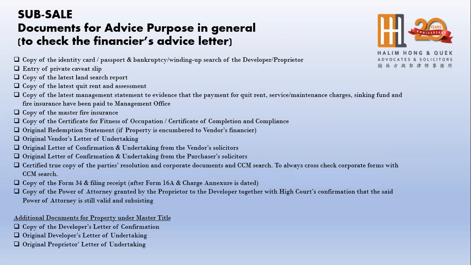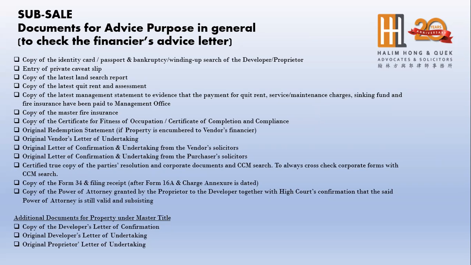For subsale documents for advice in general, you always need to check the bank, because different banks have different formats for their advice letter. So you have to go through the advice letter to see what the documents are. But generally, the documents required are IC, bankruptcy search, private caveat slip if your property is under title, land search, rent assessment, management statement, fire insurance, CF, redemption statement, vendor's undertaking letter, and so on.